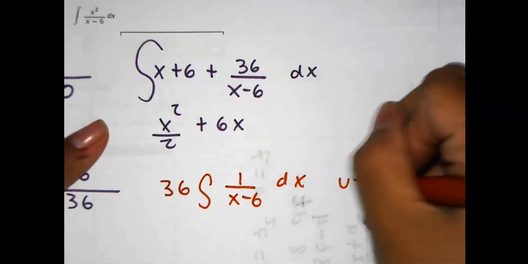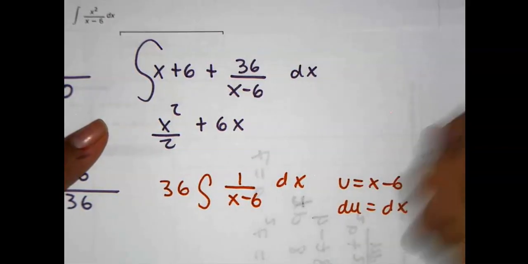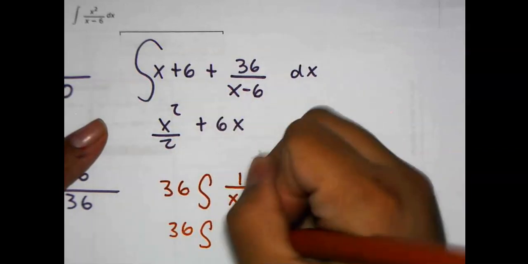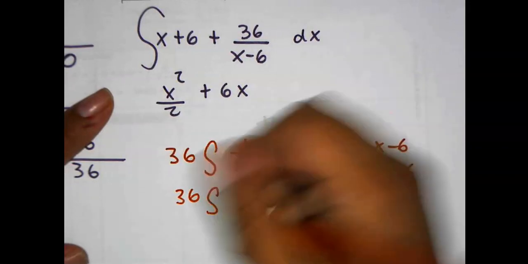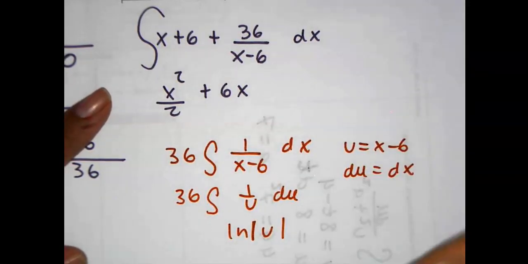So in this case, I'm going to let u be x minus 6. We just talked about this: the integral of 1 over u is natural log of the absolute value of u.